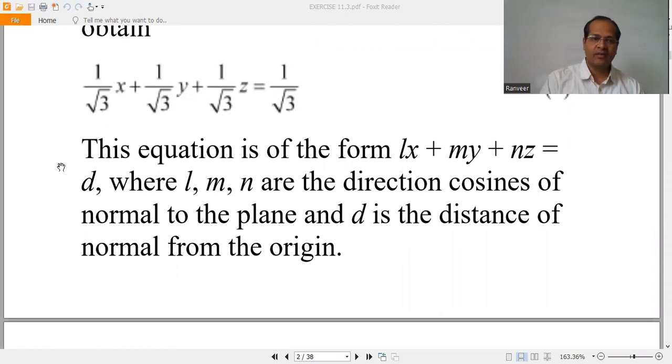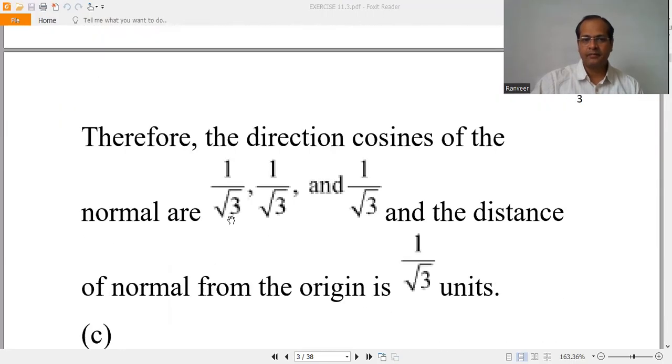Now this is the form of Lx plus My plus Nz equal to D. L, M, N are direction cosine of normal to the plane, and D is the distance of normal from the origin. Now this is nothing but the direction cosine, and the distance of normal from the origin is 1 by √3.